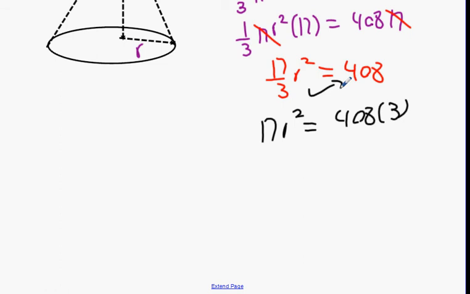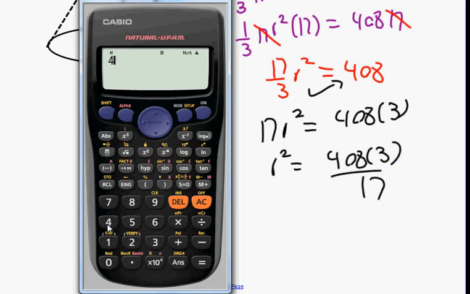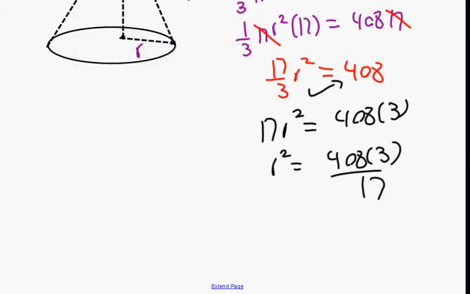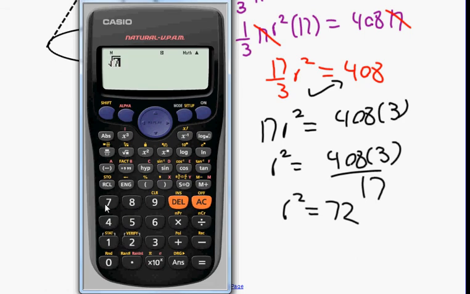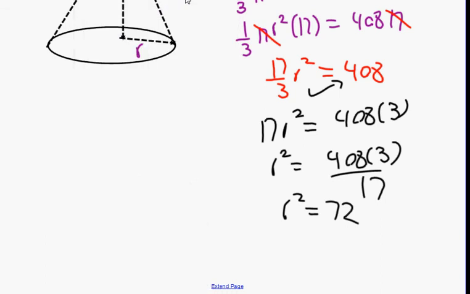It's multiplied by 17 on the left, which means it's divided by 17 on the right. Then we get 408 multiplied by 3 divided by 17. 72. r squared equals 72. What number, when you multiply it by itself, gives you 72? You press the square root sign and you get 6 root 2 or 8.48. I was going to go for 6 root 2.